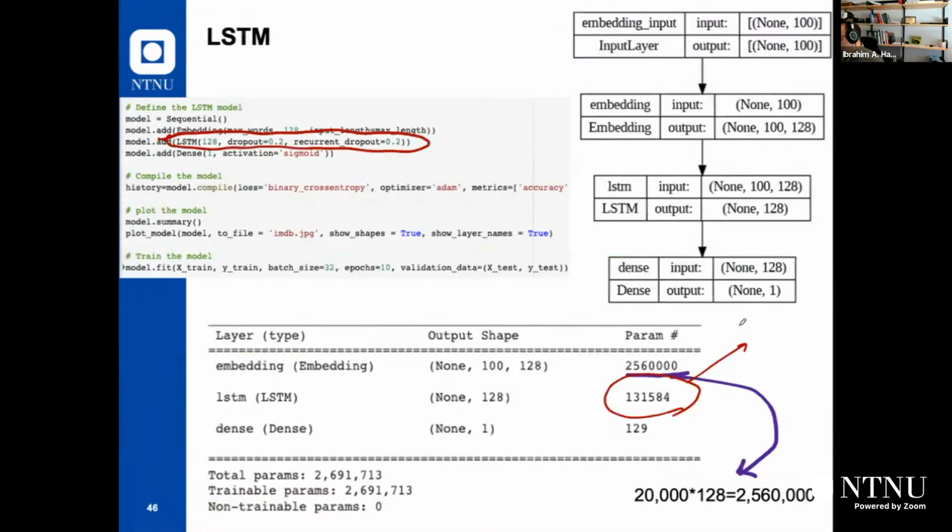As you can see, when we are using LSTM, the number of parameters is much higher. And this LSTM has a better capability for memorizing context. It's also much better in terms of vanishing gradient and exploding gradient. So the performance should be much better.